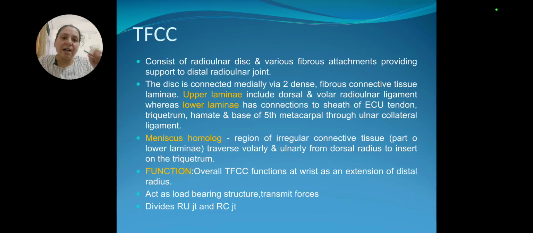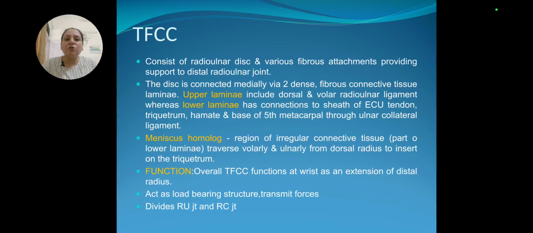Fine. There is a structure called the meniscus homologue. This is basically connective tissue or a fat pad in the lower lamina, and it supports and helps the movement. So it plays a very important role. It is an irregular tissue and varies from person to person.